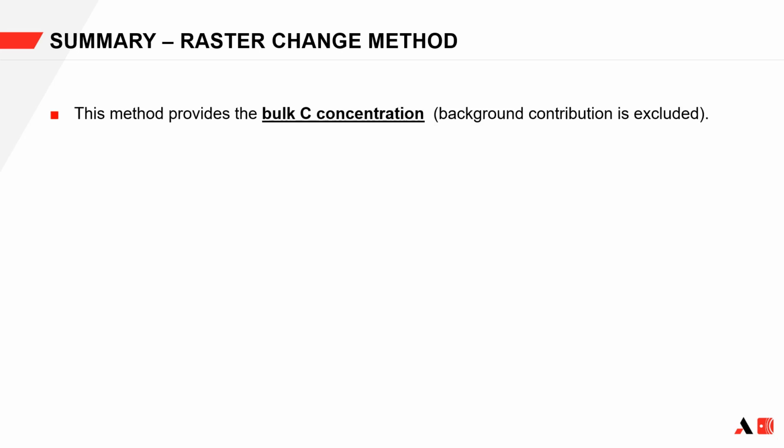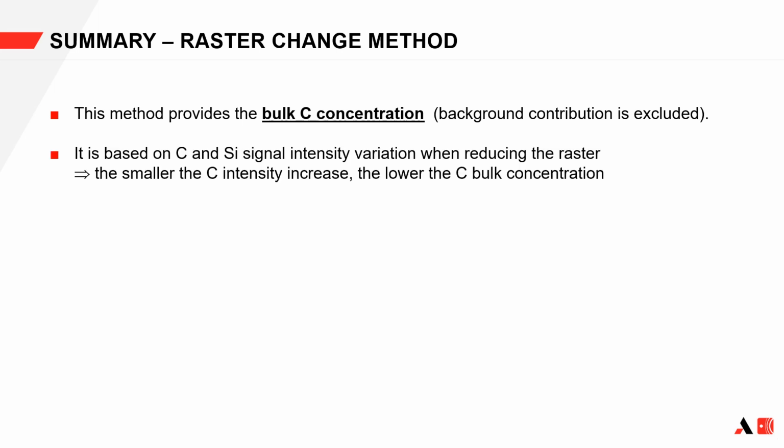Summarizing what has been discussed so far, the raster change method provides bulk carbon concentration without background contribution. It is based on carbon and silicon signal intensity variation when reducing the raster. In other words, it can be said that the smaller the carbon intensity increase, the lower the carbon bulk concentration.